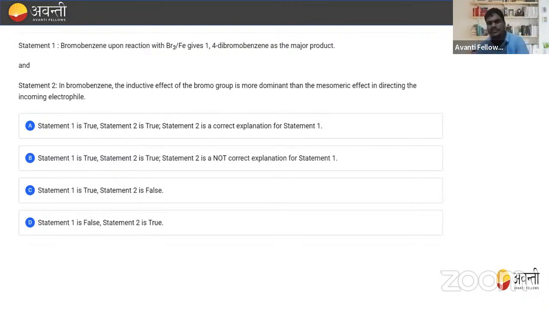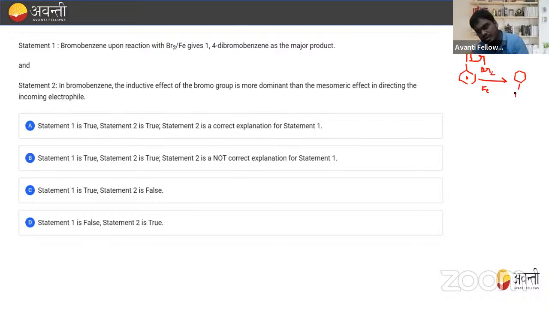This is absolutely correct, because we know that bromine is an ortho-para directing group.